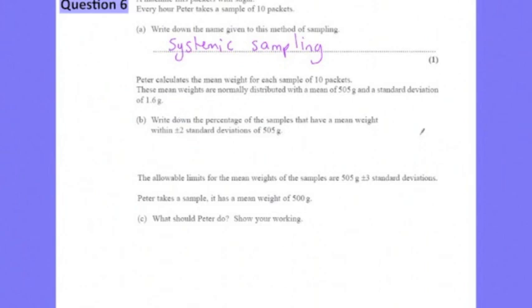This is from what we learned from the very first page in relation to the control charts and what this means for the normal distribution, 95%. Within 2 standard deviations of the mean is 95% of the distribution. We're then told the allowable limits for the mean weights are the mean plus or minus 3 standard deviations.